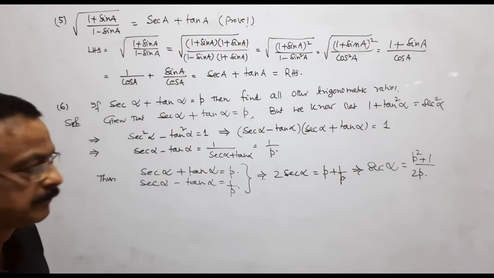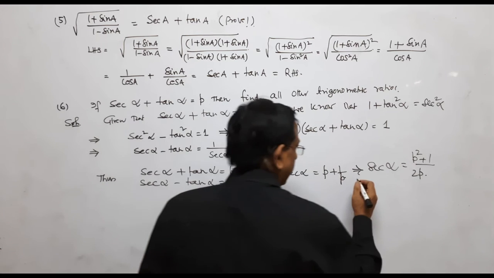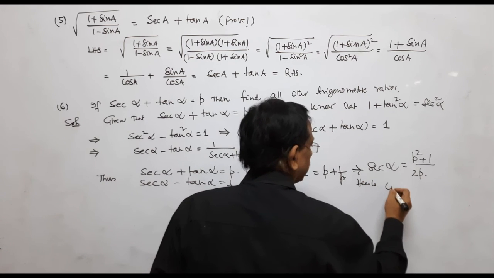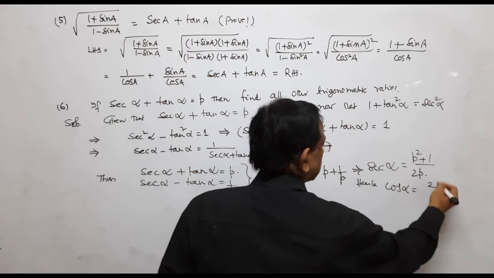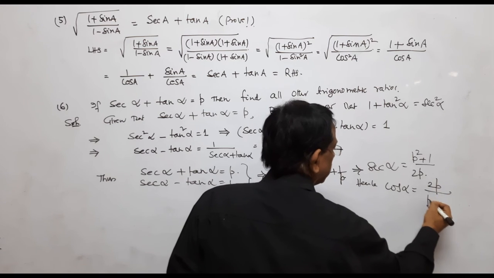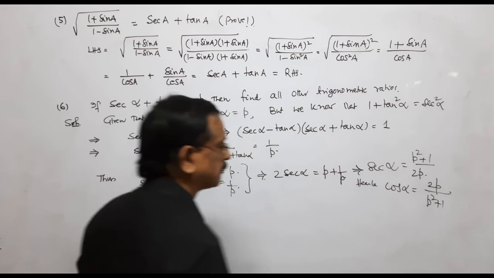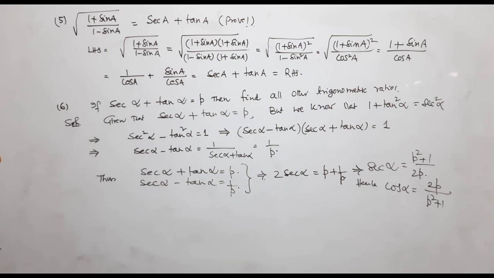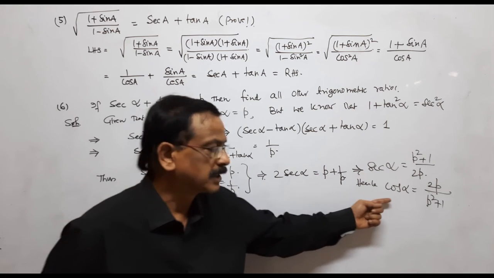That's secant alpha. Hence, what about cos alpha? Reverse it. Cos alpha is 2P by (P square plus 1).